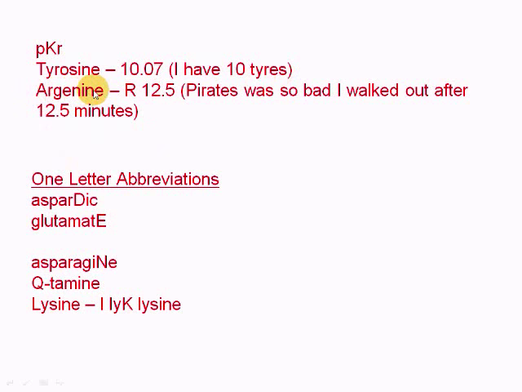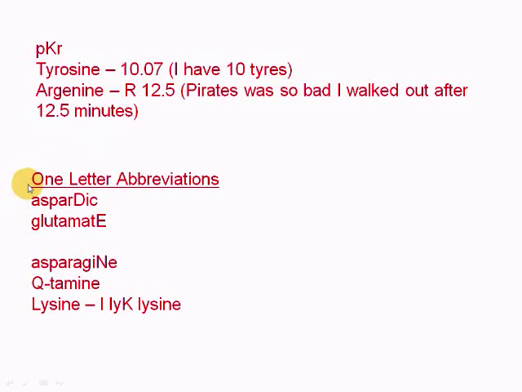Okay, arginine, the 1-letter abbreviation is R, and so for arginine I just think of a pirate. You know, pirates are always saying R, and so that will help you remember that this is R. And then the pKr is 12.5, and just think the movie Pirates of the Caribbean was so bad that I had to walk out after 12.5 minutes.